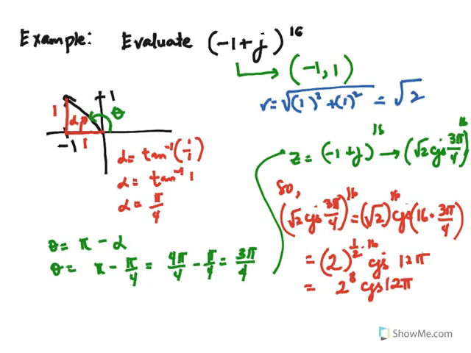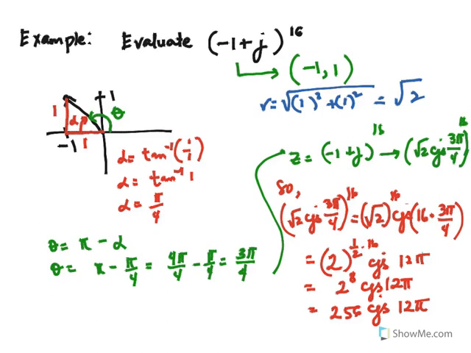But what is 2 raised to 8? 2 raised to 8 is 256. So this is 256 cis 12 pi. Now we can simplify this further because 12 pi, ilang ikot yan, multiples of 2 pi.